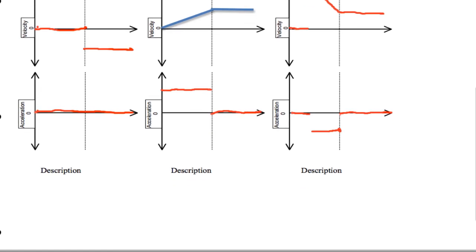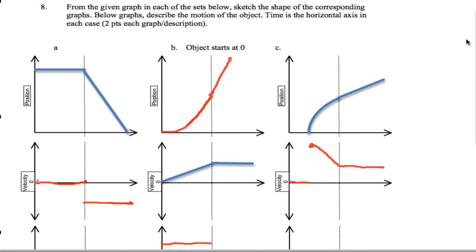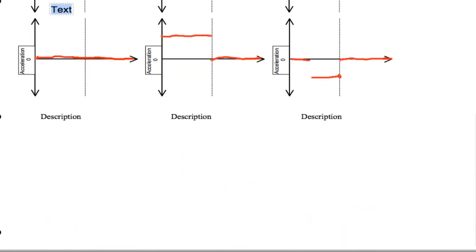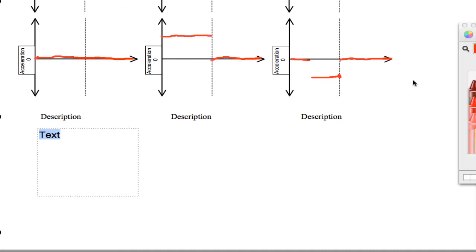So to describe the motion of the objects in all of these cases, let's just do a quick little written description of each one. So in the first case, just kind of taking this idea, we have here should look like this.